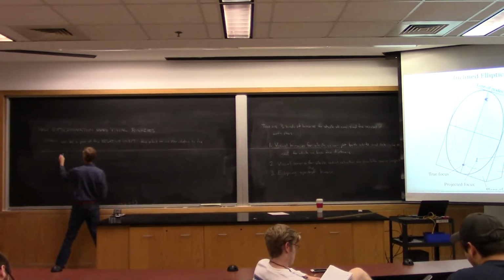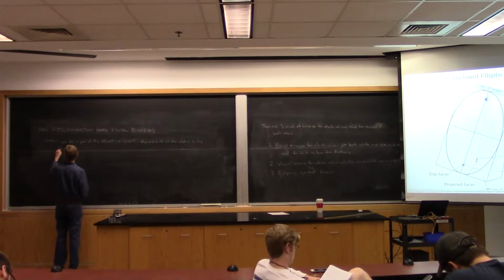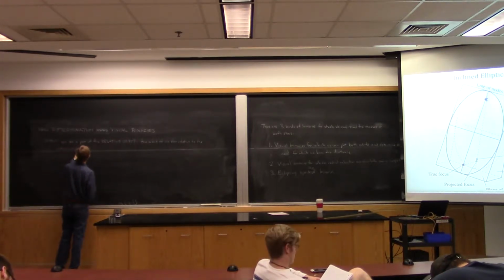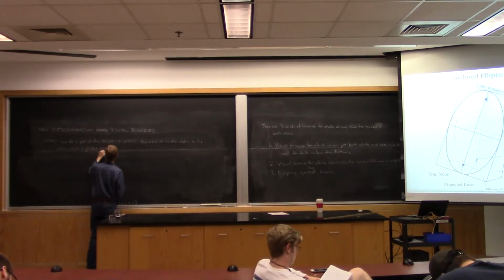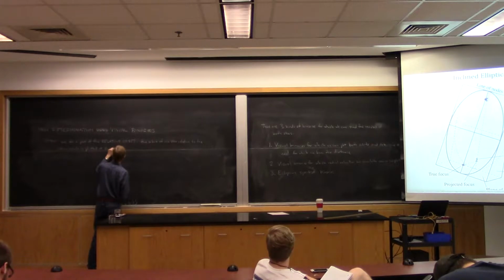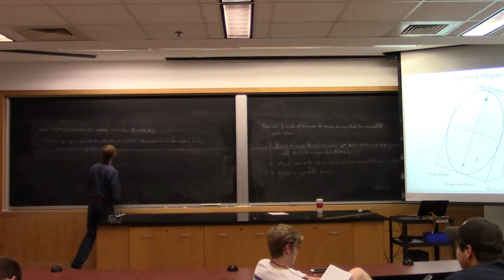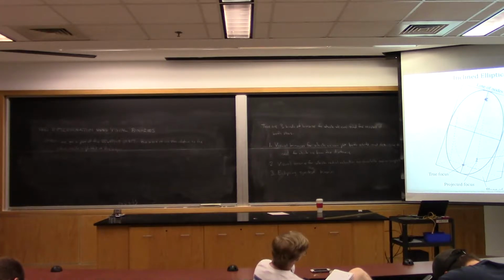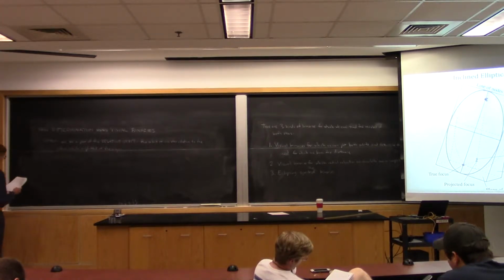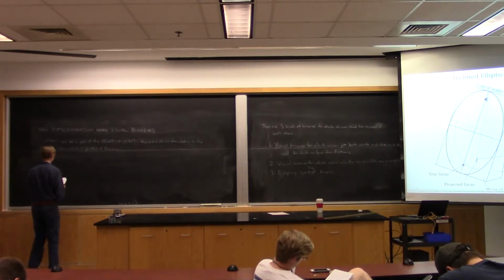One star is always plotted at the origin, and you plot where the other star is relative to it.